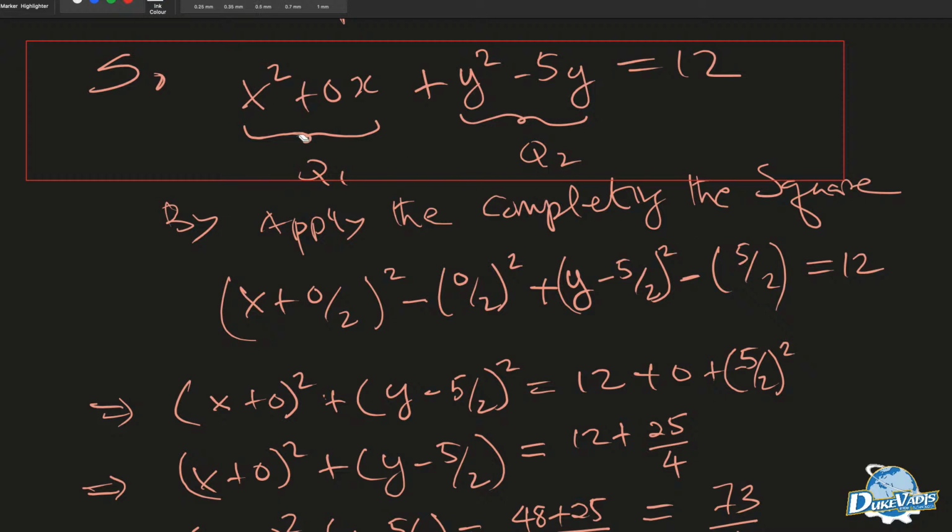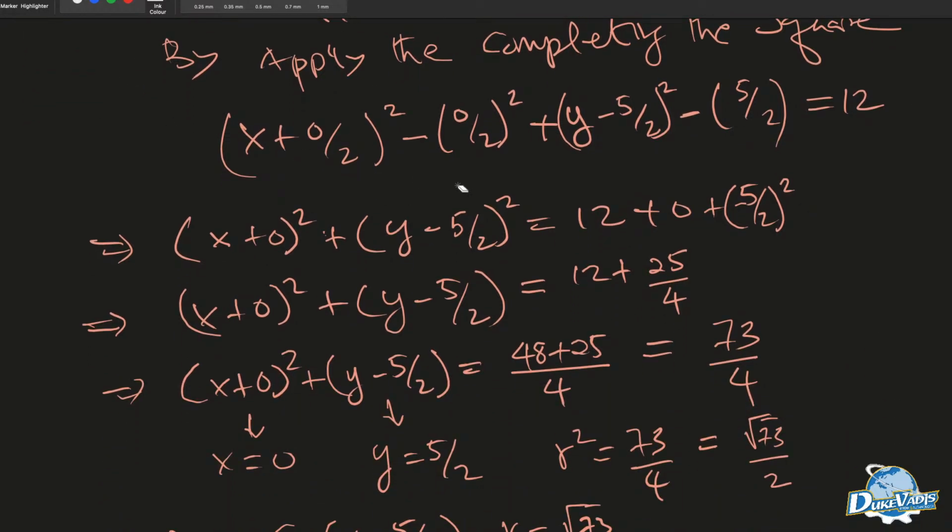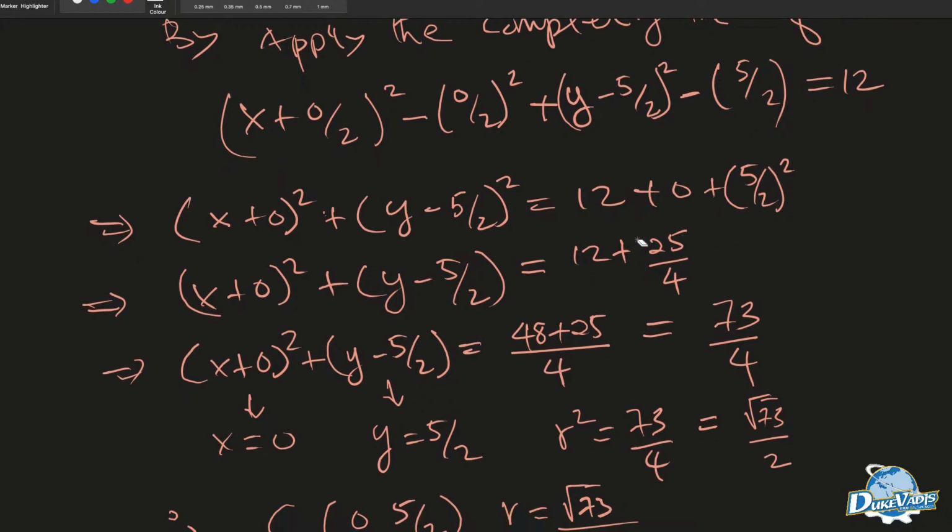Okay? So, by so doing, when we get here, then we know x plus 0 squared, y minus 5 over 2 squared. Here, we have to shift everything to the right. So 0 will cross, and this 5 over 2 squared. So we are going to get 12 plus 25 over 4.